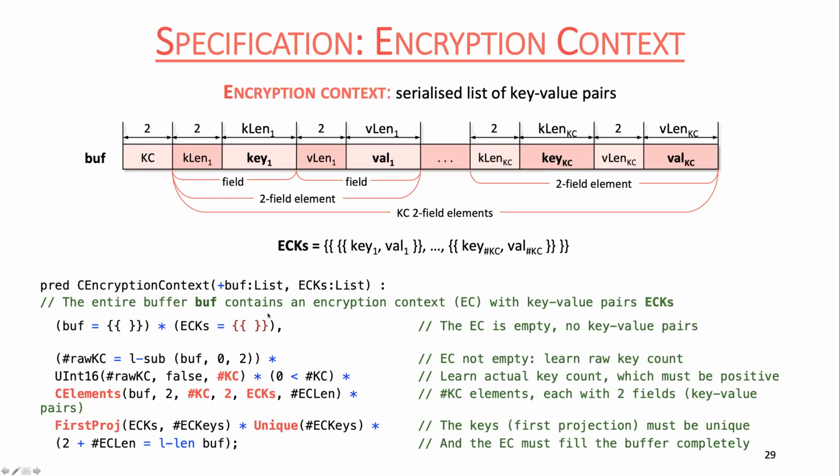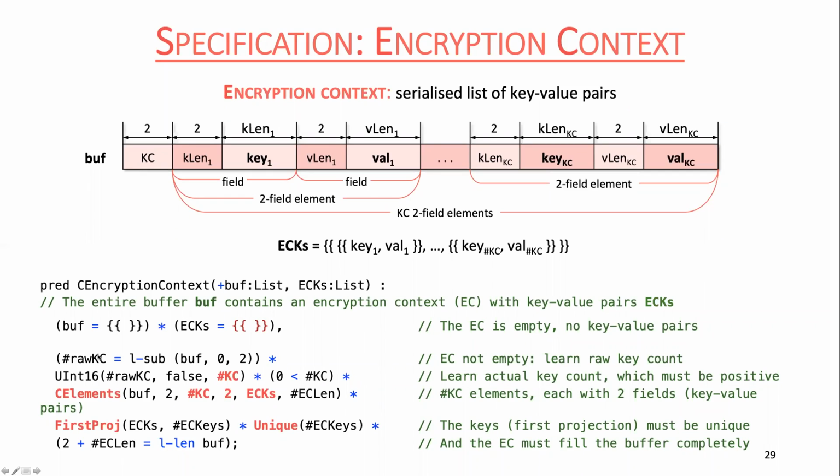Either you're in the empty case or you're here. This predicate says we have a sublist with a length of 2 bytes at the beginning. This information here is describing the number of key value pairs in here.